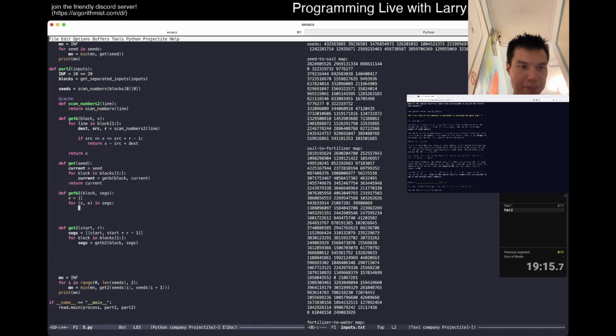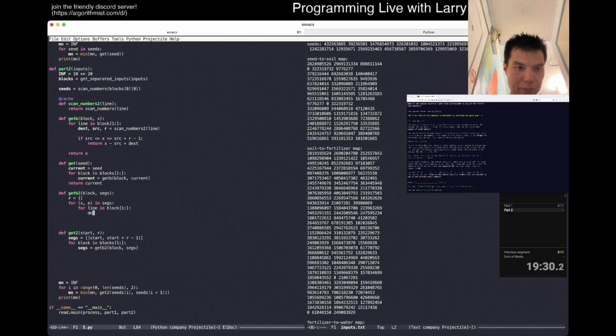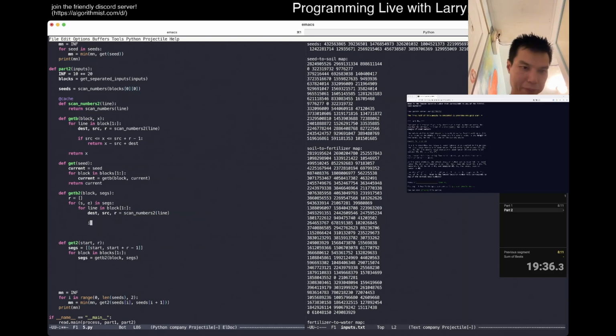Okay, now for line in block and we just split them, right? So okay, how do I do the thing again?